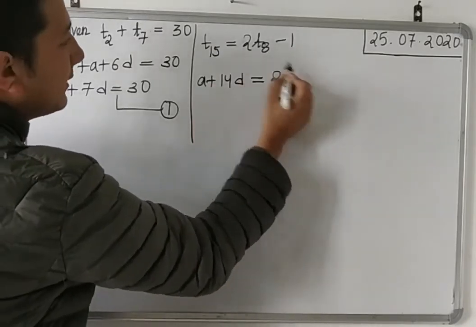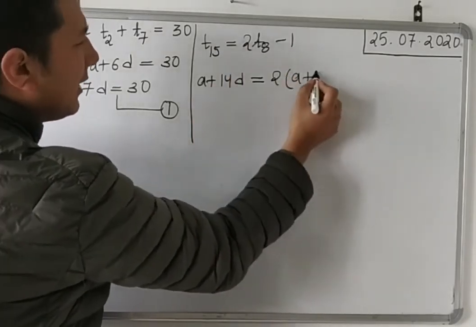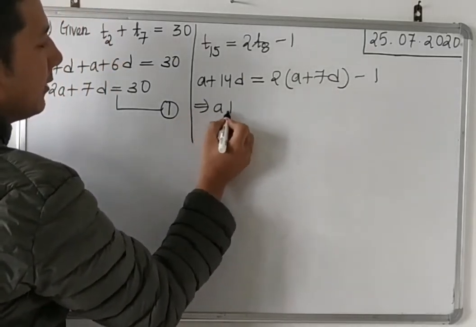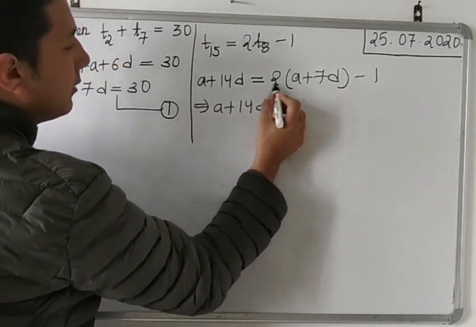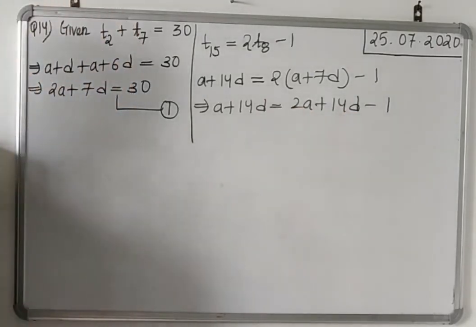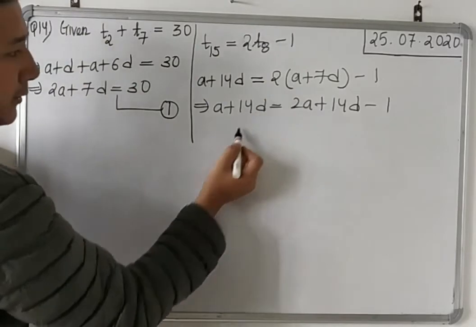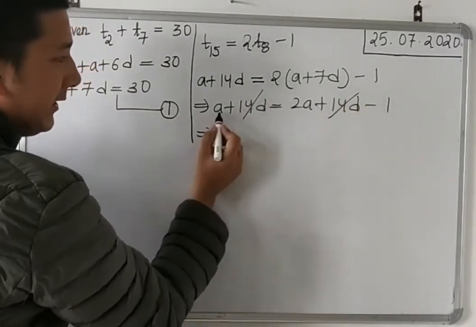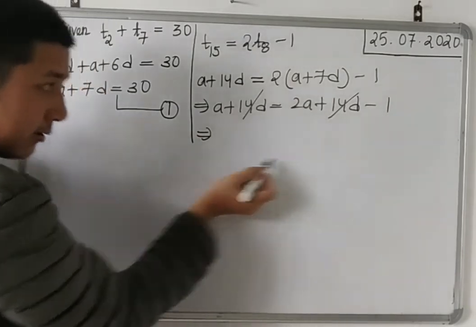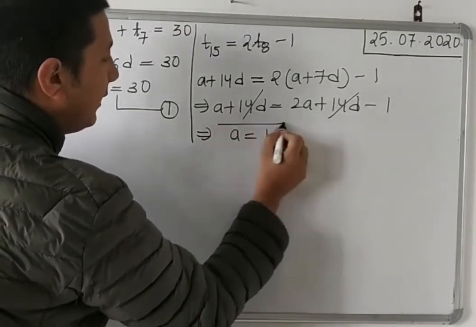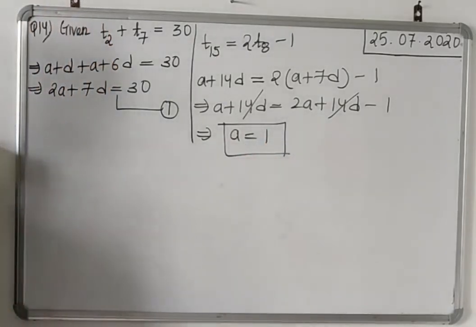Twice T8, where T8 means A plus 7D, minus 1. That is simplified: A plus 14D equals 2A plus 14D minus 1. Can you see 14D and 14D get cancelled out? Take this A to the right-hand side, or bring it to the left-hand side. So 2A minus A is A. What is the value for A? I got the value for A as 1.